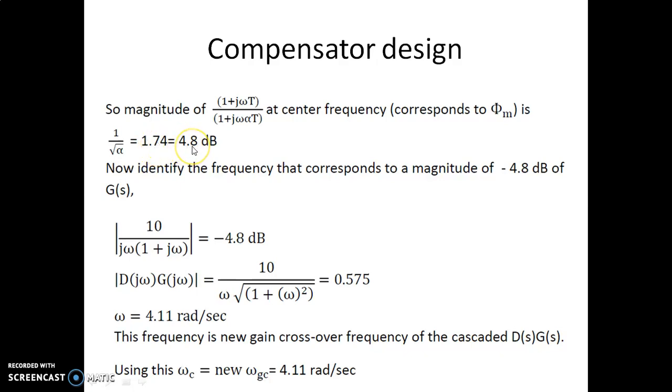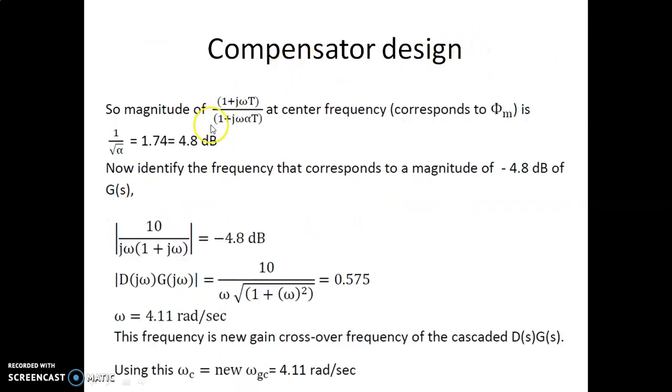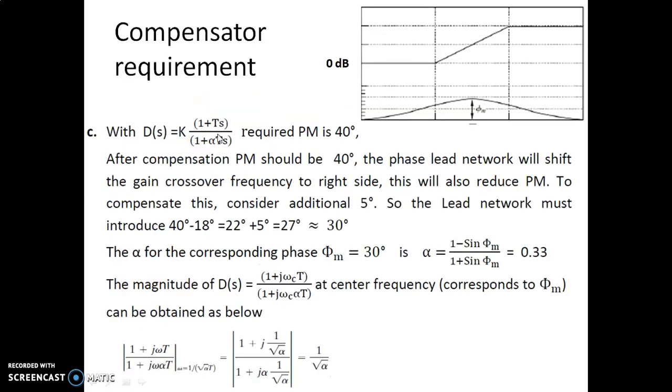The dB of that is 4.8 dB, meaning at this particular frequency, this is going to have a magnitude of 1.74 or 4.8 dB. Now we know that this has a positive slope, and the magnitude is 4.8 dB.